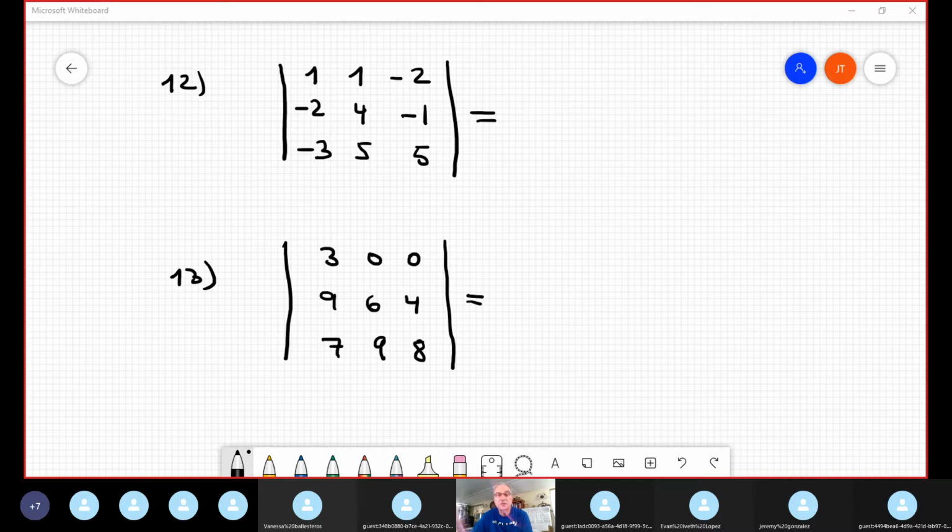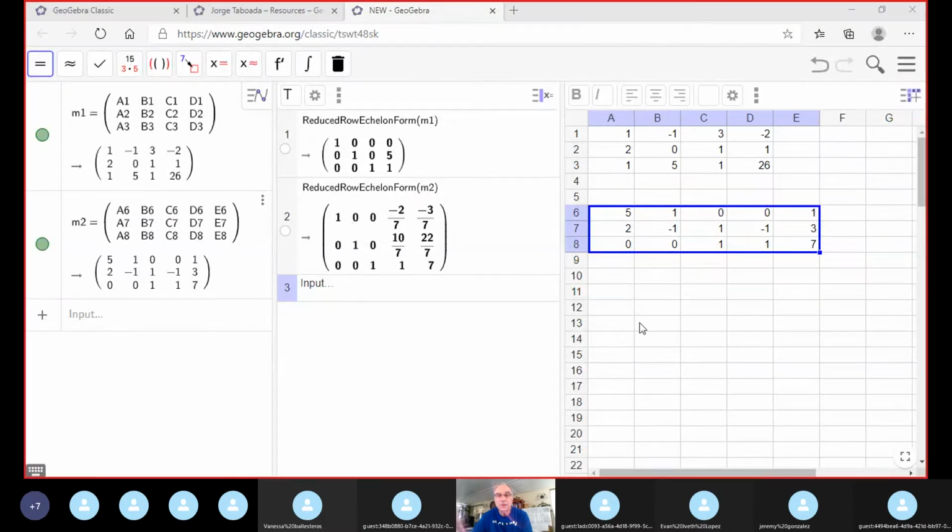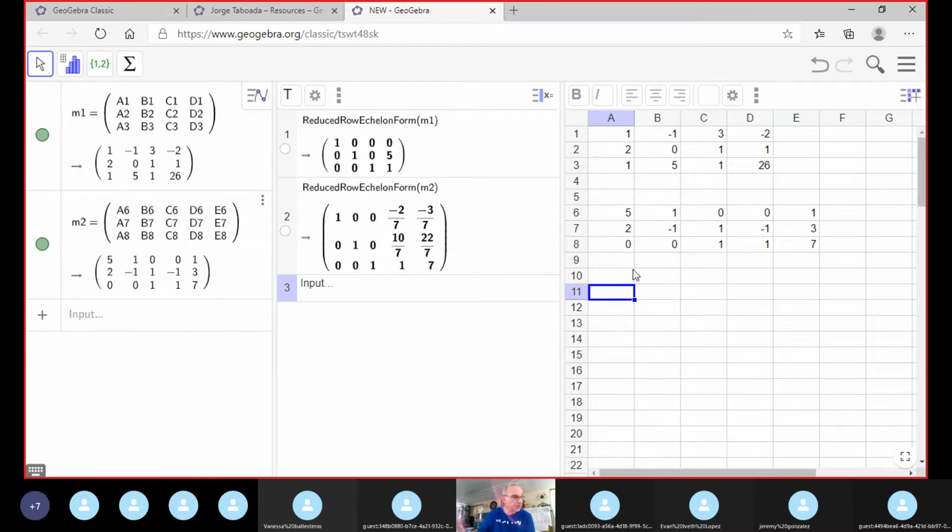Okay, I am in GeoGebra now. There you go. Let me type in. The first matrix is 1, 1, negative 2, negative 2 again, 4, and negative 1, negative 3, 5, 5.